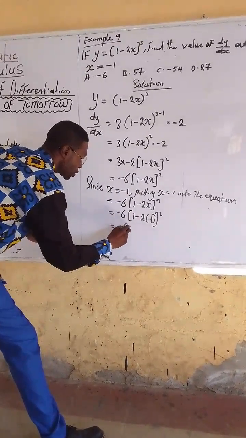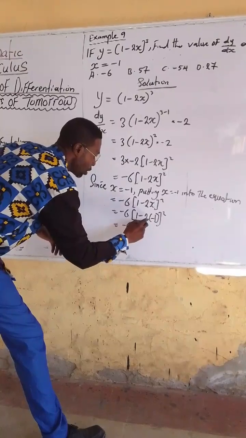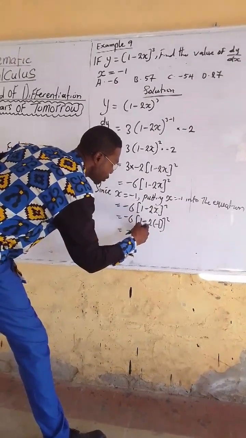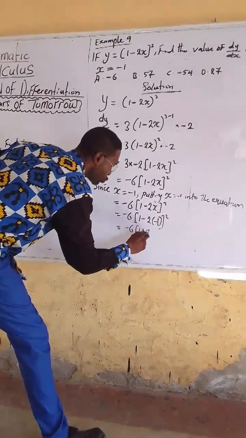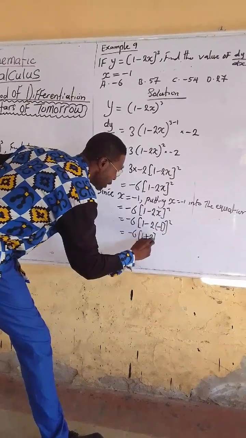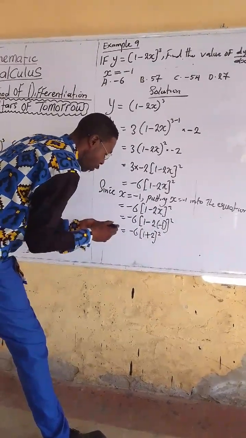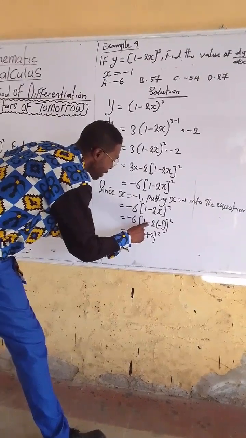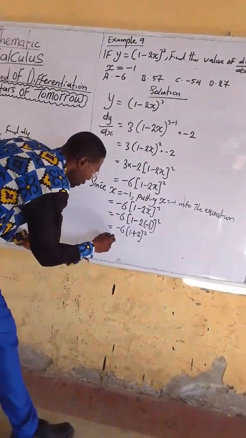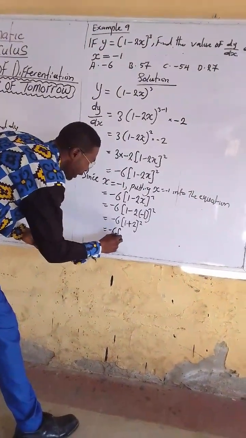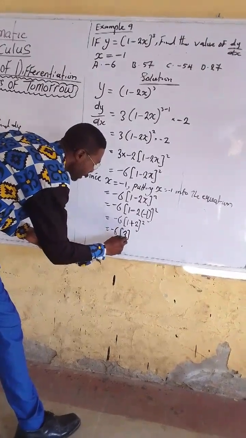We have minus 6 (1 minus minus 2) squared. Minus times minus will give us plus first, 2 times 1 is 2. You must notice that minus times minus is plus. So 2 times 1 is 2. Then we have minus 6 (3) squared.